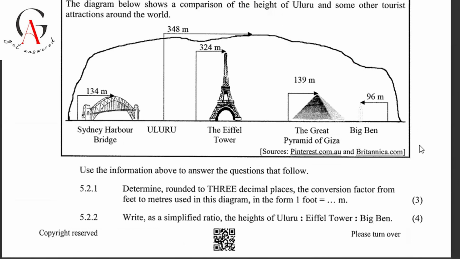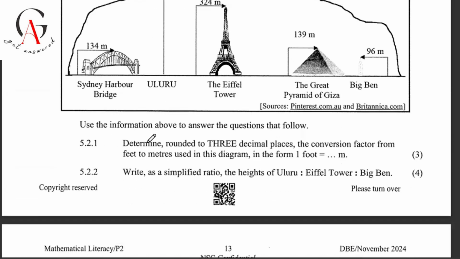So now the height is being compared with these other items. So they're saying determine, rounded off to 3 decimal places, the conversion factor from feet to meters using a diagram in the form of 1 foot is.